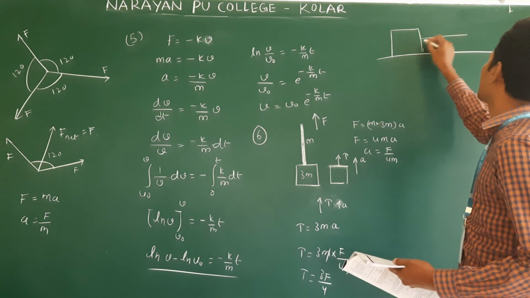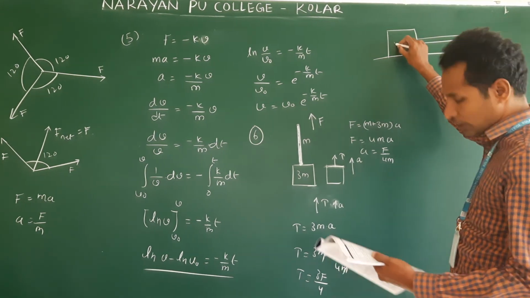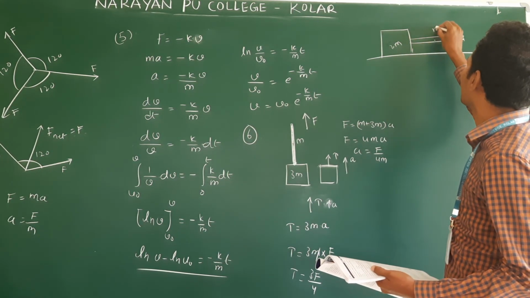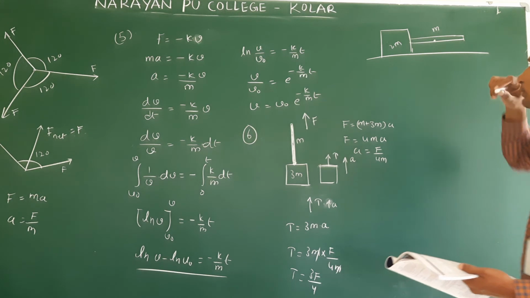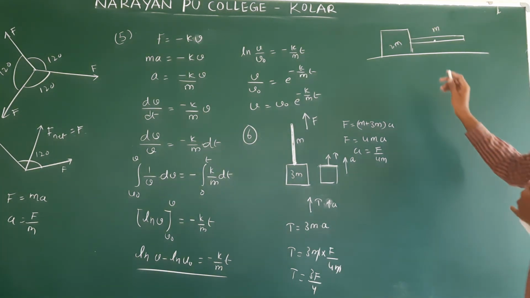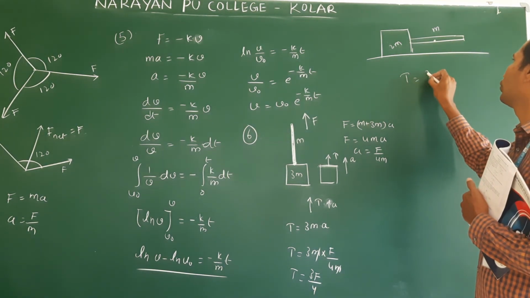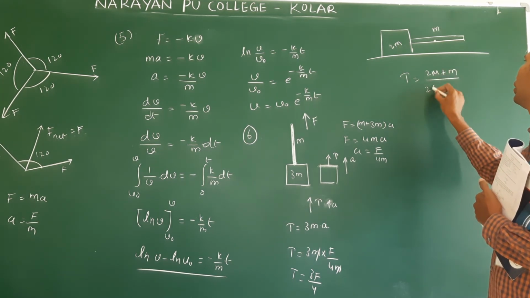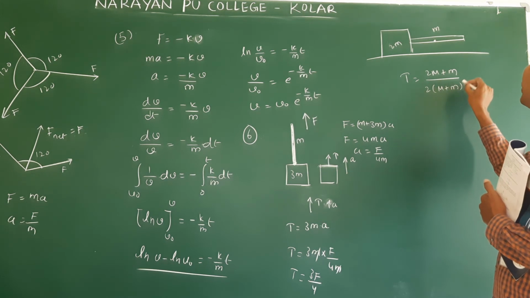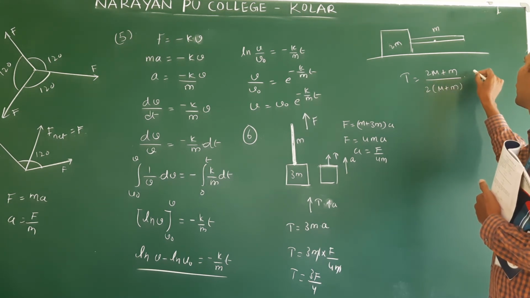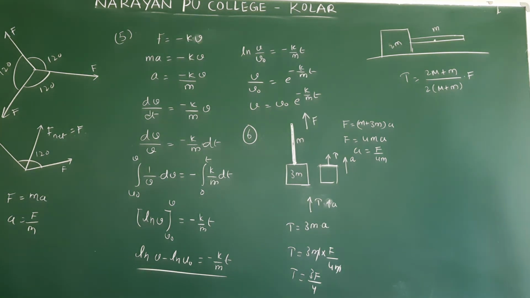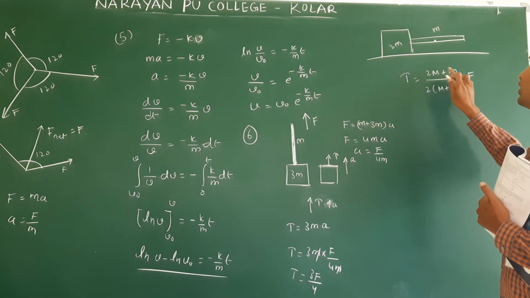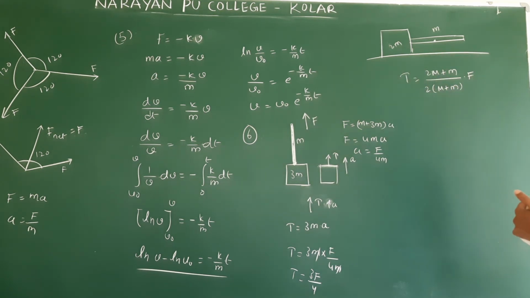This is the 2m mass, and they are asking the tension at this point. What did we calculate as the tension formula? T is equal to (2m plus m by 2) into (capital M plus m) into F. We already did this in the example problem.